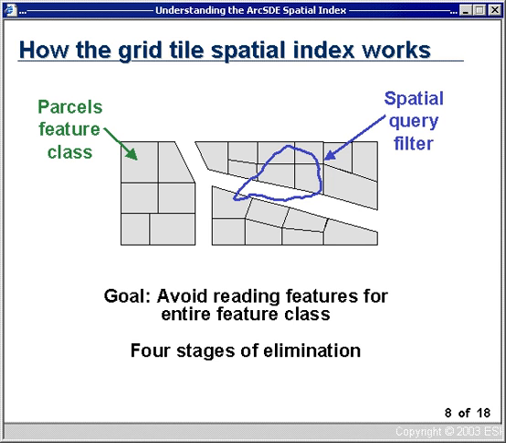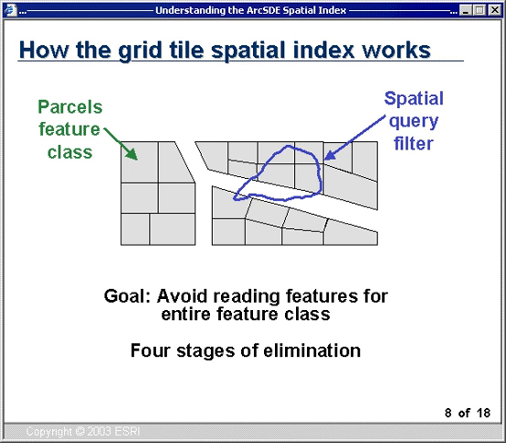In the example that we're going to be using here, we have a parcel feature class, those are the gray features, and we've got a spatial query filter shape. Now, when you execute a spatial query, there are always going to be three parts that you're looking at: the data that you're querying, that you want to get results from, some kind of shape that represents your spatial where clause, and then the relationship between them.